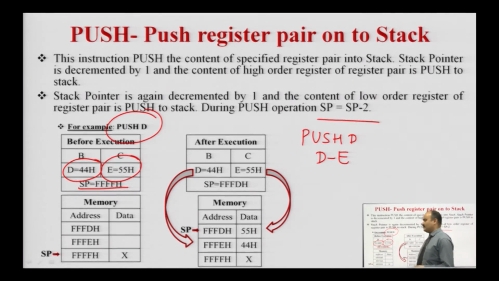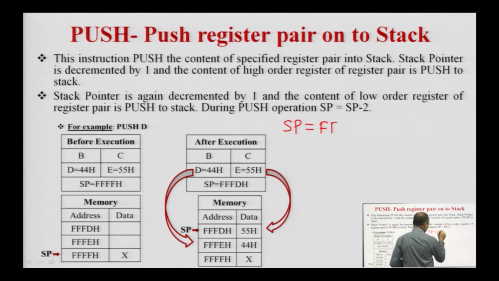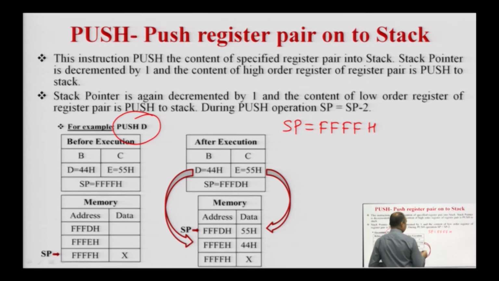The microprocessor first decrements the stack pointer register by 1. Previously, before the execution, SP had the value FFFFH. Whenever the microprocessor executes this PUSH D instruction, it will first decrement the stack pointer by 1.